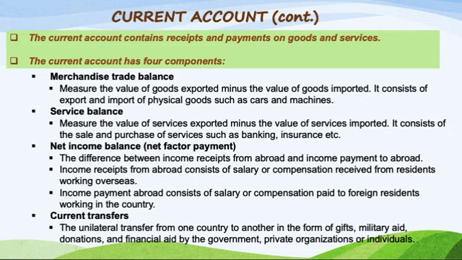So untuk income receipt dengan income payment kita akan kira dalam net income balance ataupun dengan nama lainnya net factor payment. Okay, sama juga dari segi salary ataupun compensation ataupun apa-apa income lah yang berkaitan dengan income.